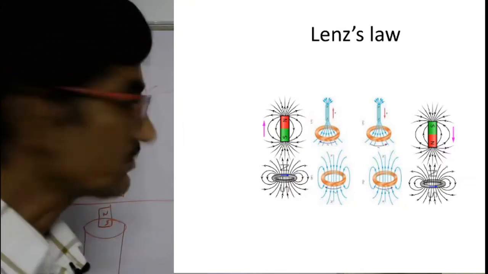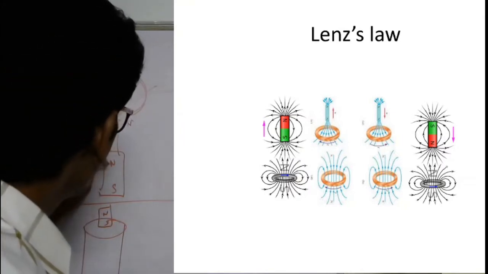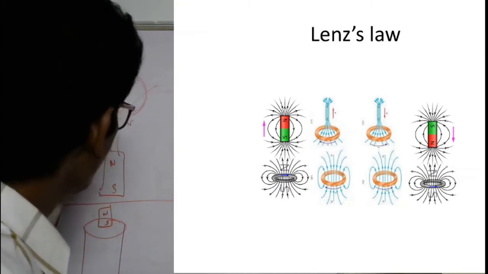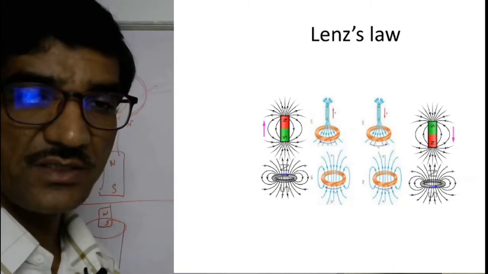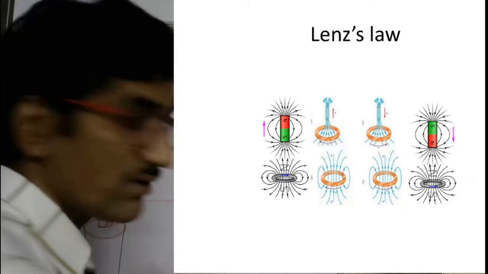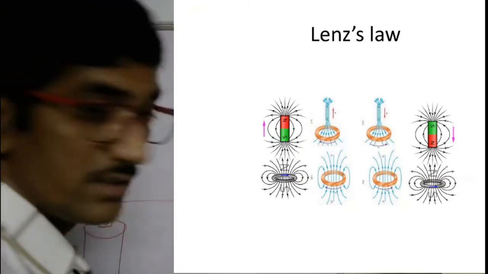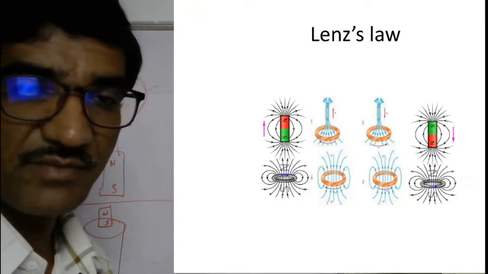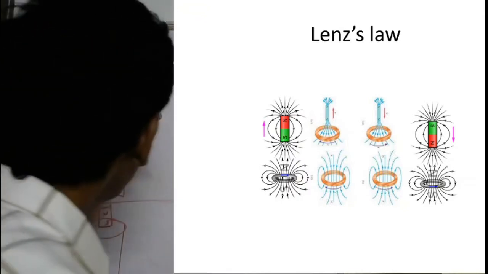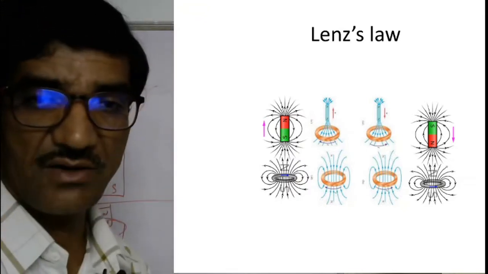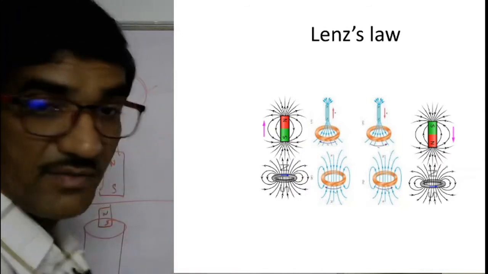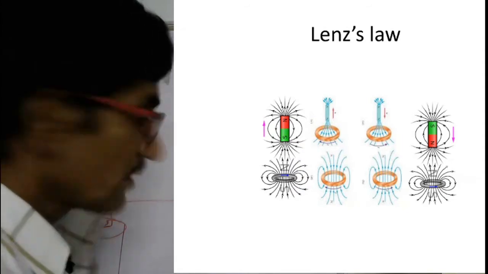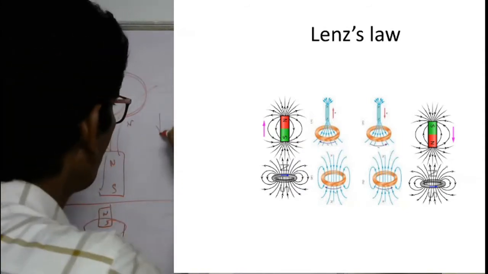Then you have repulsion between these two poles. That's why its motion will be retarded or stopped due to the balancing between the different forces acting on the ring. That means the gravitational force will be downwards.